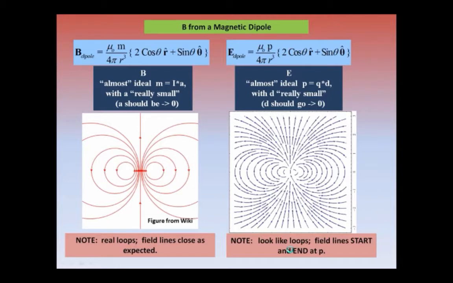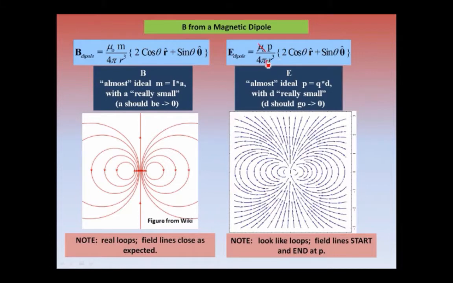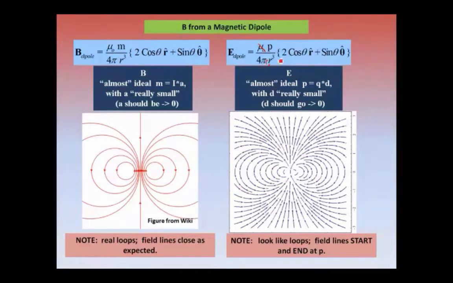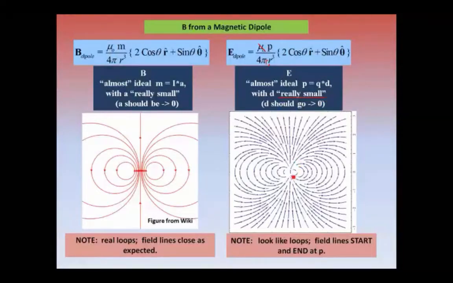So what does that look like? We looked at the E field earlier, so here's the E dipole, and this should be epsilon naught here. So that's K if we take 1 over 4 pi epsilon naught. If you plot that, here's the ideal dipole, which is equal to Q times D, where D is really, really small, and it really should go to 0. But what I show here is a Mathematica plot of that function.